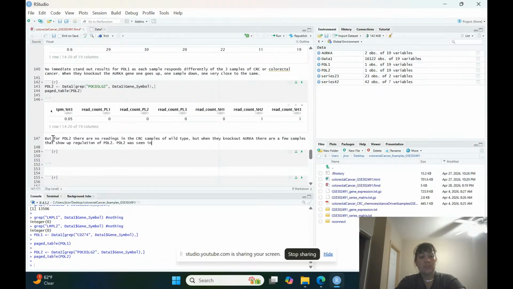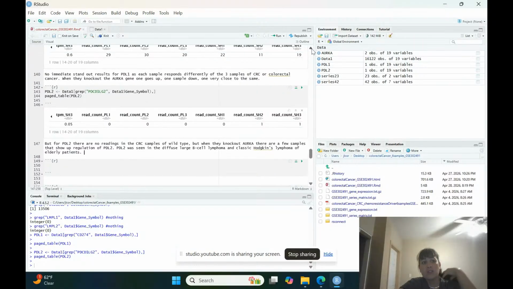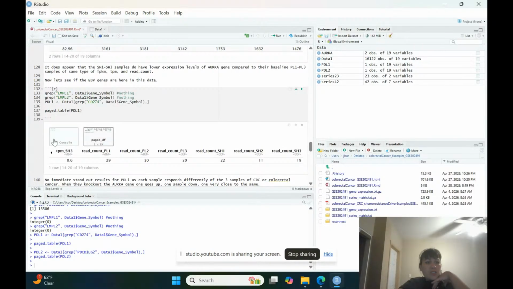PDL2 was seen in the diffuse large B-cell lymphoma and classic Hodgkin's lymphoma of elderly patients. All right, and then nothing for LMP. Okay. I'll just put this one.